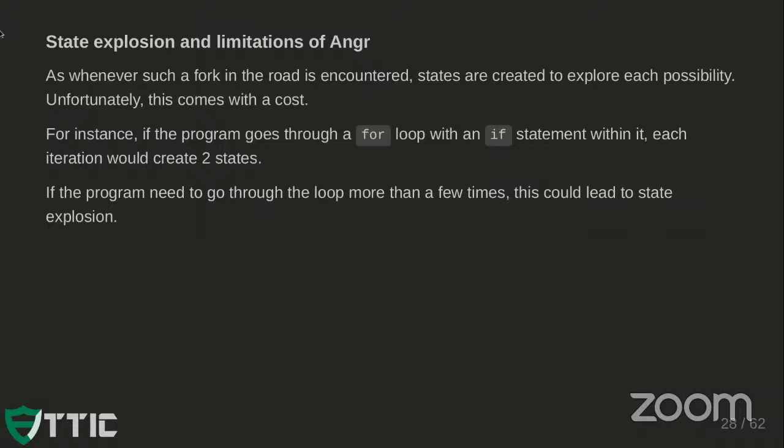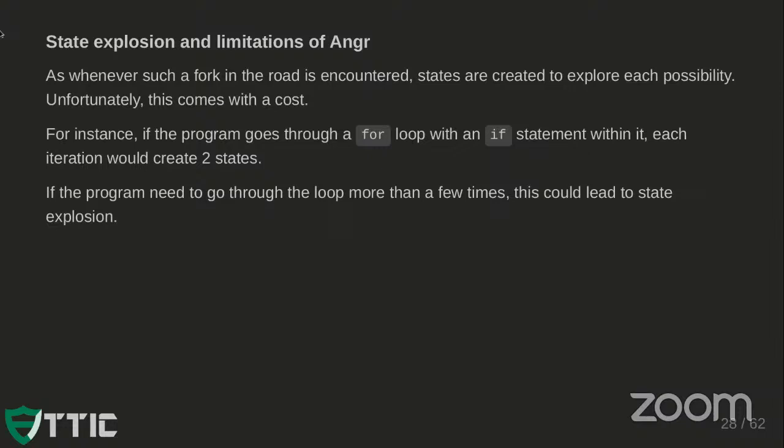But there is an issue with this. Let's say you have a for loop, and within that for loop, you have a branch or several branches. Then at each iteration, the number of states exploring paths will double.